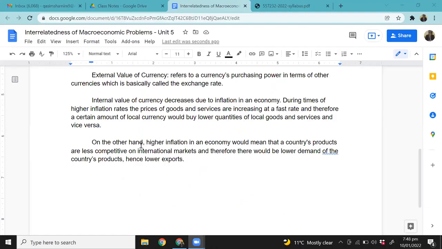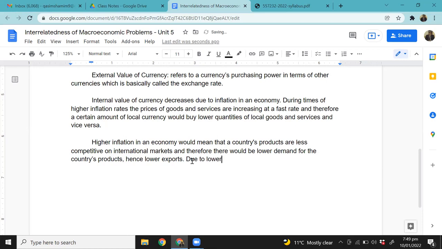So on the other hand, due to higher inflation in the economy, or you could have simply written this down as: higher inflation in an economy would mean that a country's products are less competitive on international markets, and therefore there would be lower demand for the country's products, hence lower exports, right?